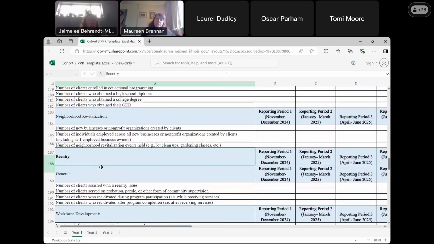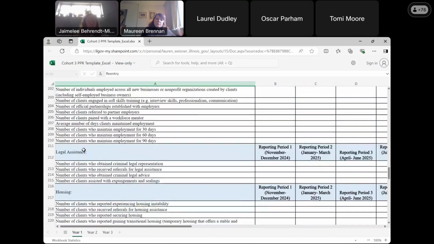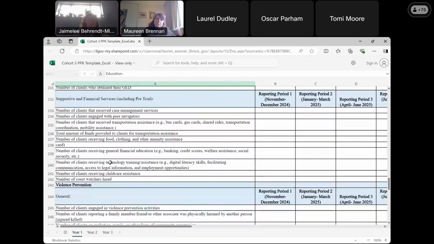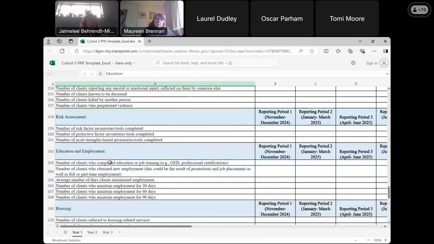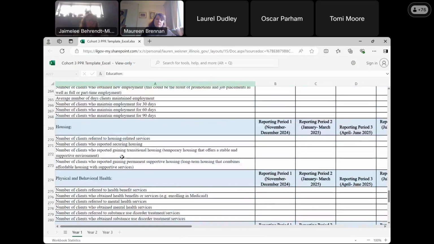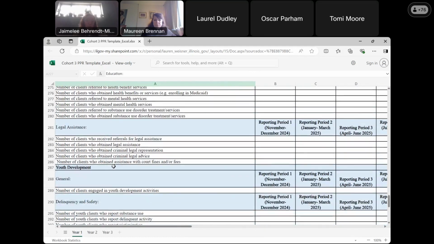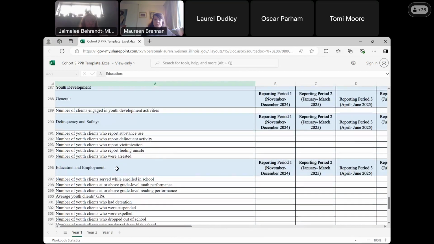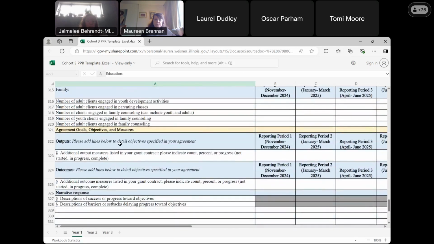Then for reentry, again, we have a general category, workforce development, legal assistance, housing, education, supportive and financial services. For violence prevention, again, a general category, risk assessment, education and employment, housing, physical and behavioral health, legal assistance. And then for youth development, we have a general category, delinquency and safety, education and employment, and family.